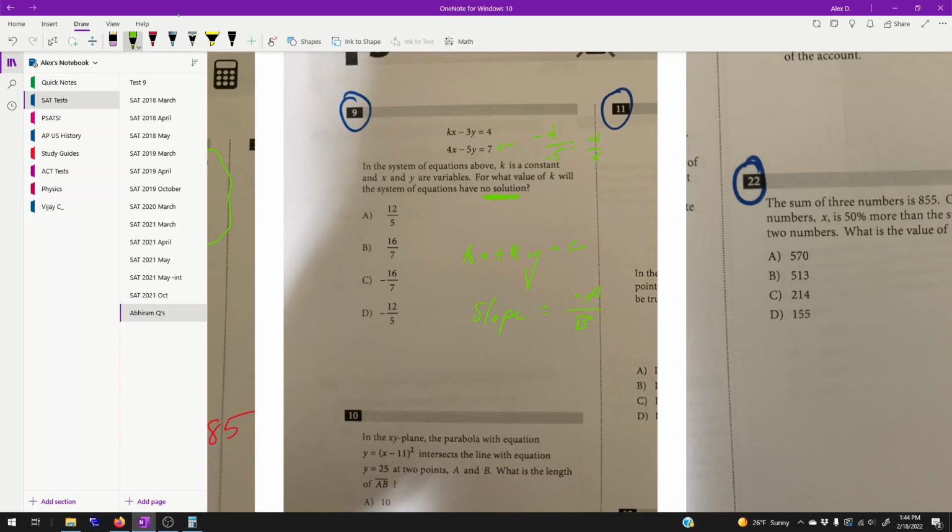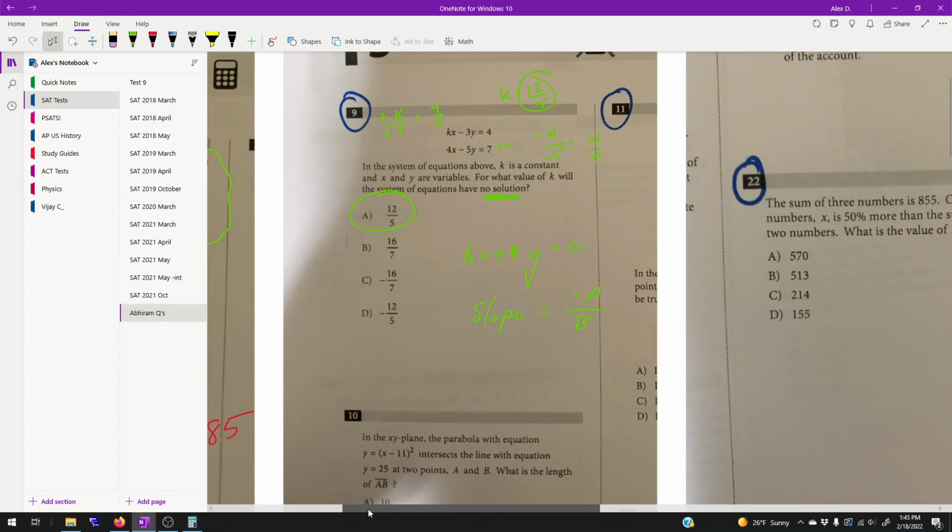So we can say, okay, negative k over negative 3 is the slope of this one, and since they're supposed to be equal, we set that equal to 4 over 5, and we can solve for k. The negatives, of course, drop off, cross multiply, we get 5k equals 12. I guess we could have just divided. Leave that 5 over there. Don't have to multiply it over, and 12 over 5 is our answer.